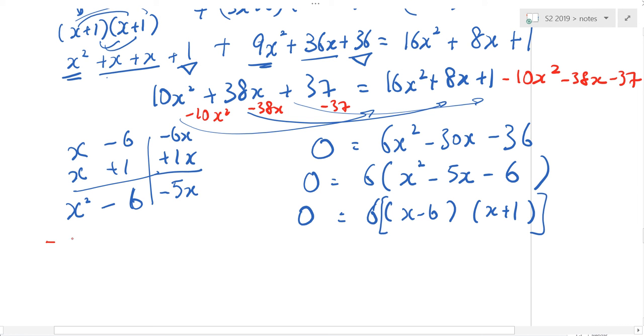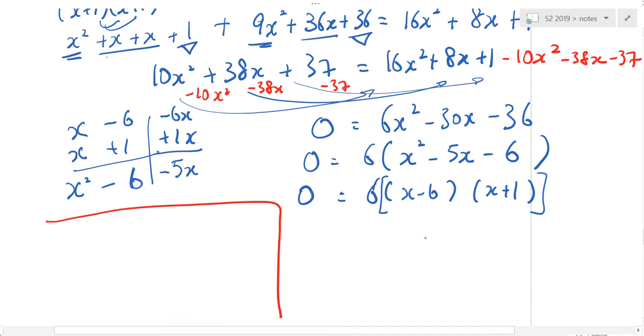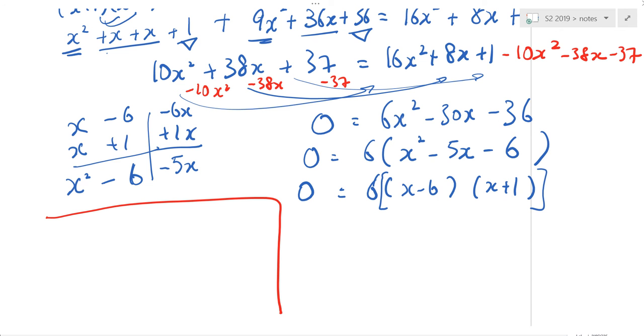Can I explain a concept here? Ready? Now, if I have a star times a square is equal to 0, that means there are two unknowns here. I multiply them together to give you 0.